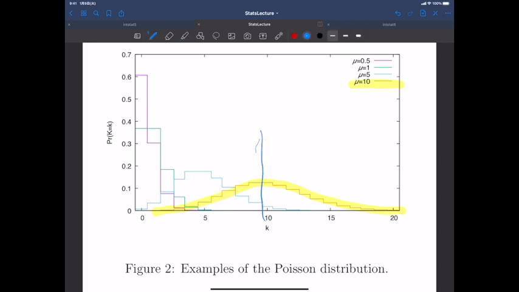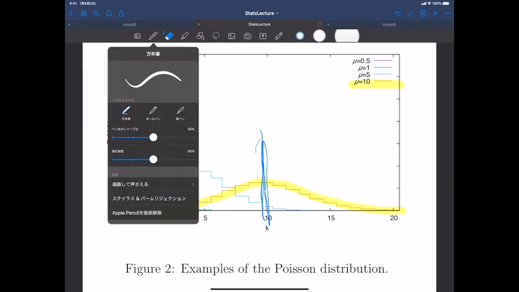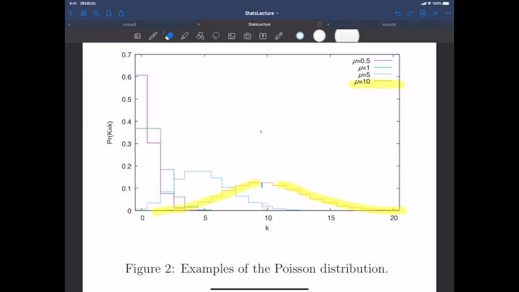It looks more or less symmetric around this area, 10. The average of this value should be 10 because mu is 10, and this side and this side look more or less the same.